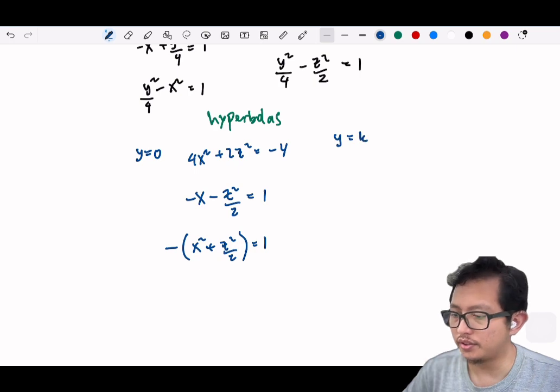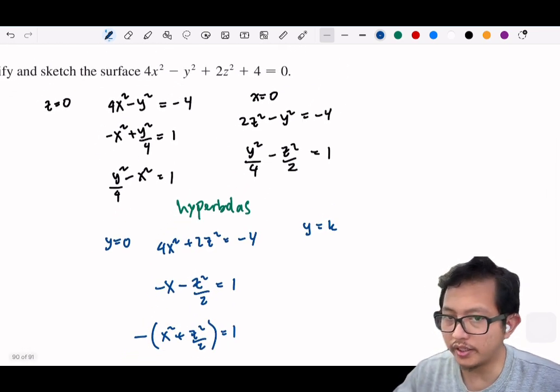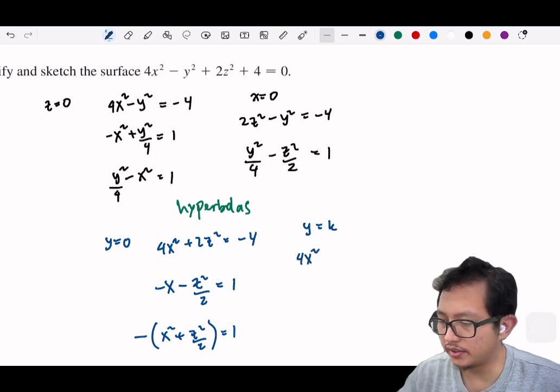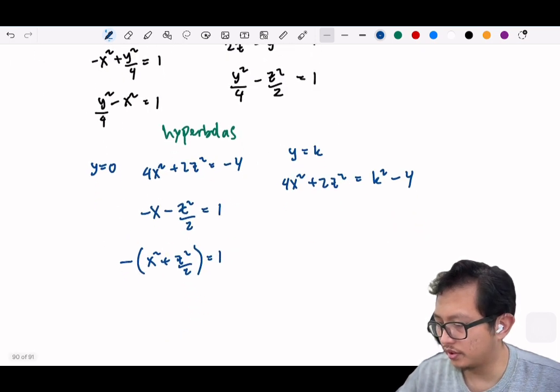So we could understand there will be an ellipse if we take y as a constant, y equals k. So 4x squared plus 2z squared equal k squared minus 4.